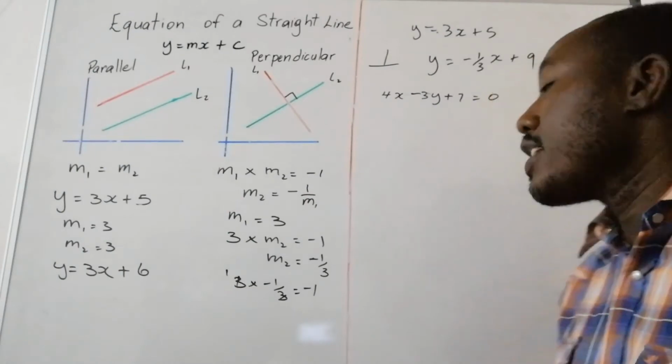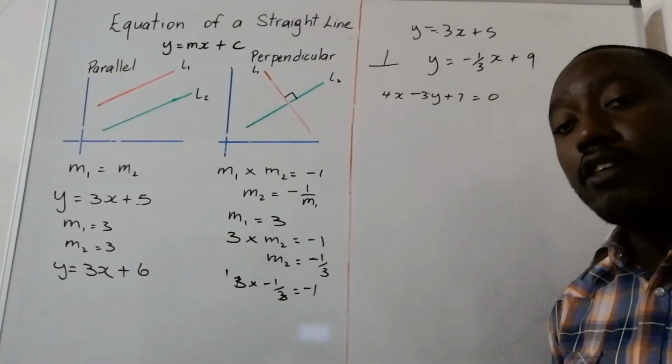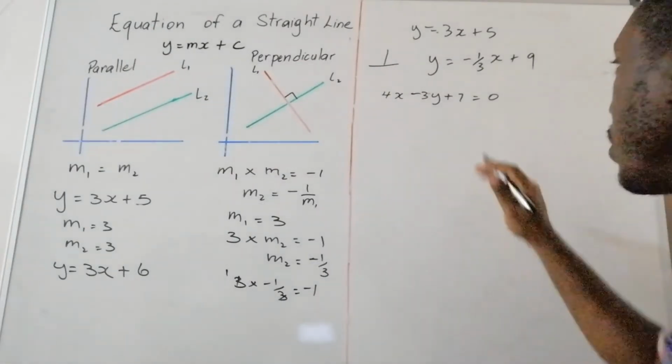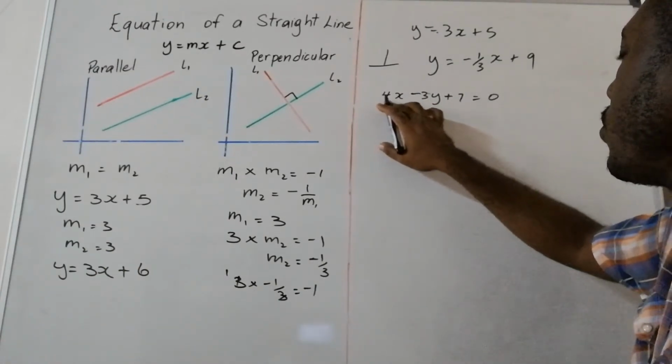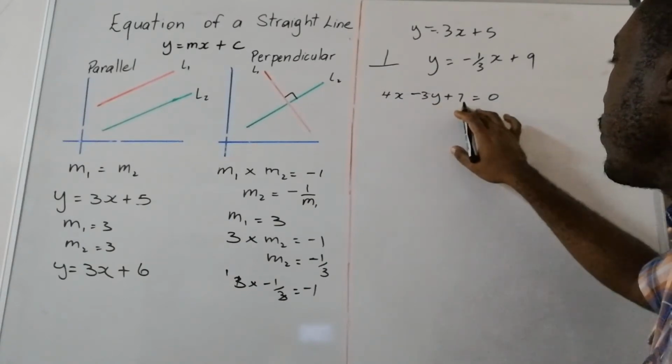Remember in our last class, we made y the subject of the formula to find the gradient and the y-intercept. So we do that here again. We make y the subject by taking over our 4x and our positive 7.